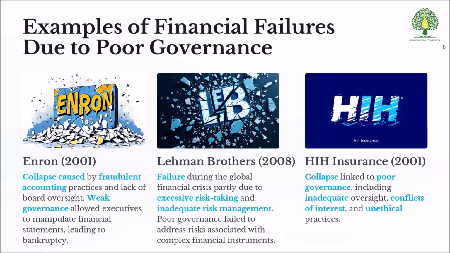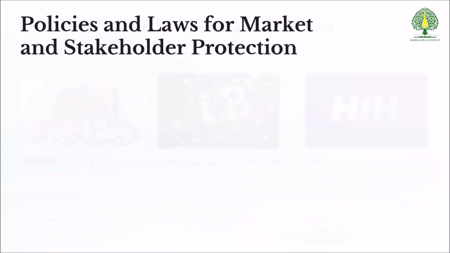So there were many things the board could have prevented, but the board failed to oversee the risk, to foresee the risk, and that led to the collapse of these three corporations. And that shows the importance of good governance.